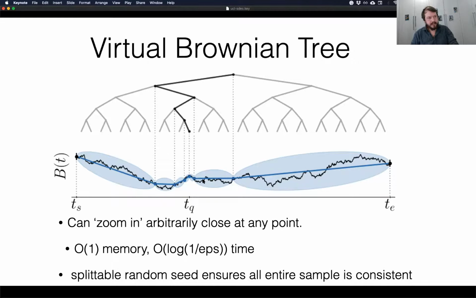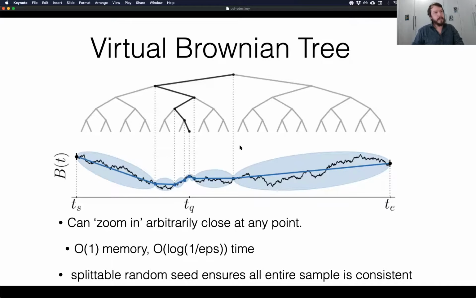And each of these conditional distributions is just a Brownian bridge. And all we did is we said, oh, if you keep track of your random seeds carefully and make the random seed a function of which leaf on the tree that you're at, you don't even need to ever store, you can reconstruct any of the intermediate samples that you make at any leaf.